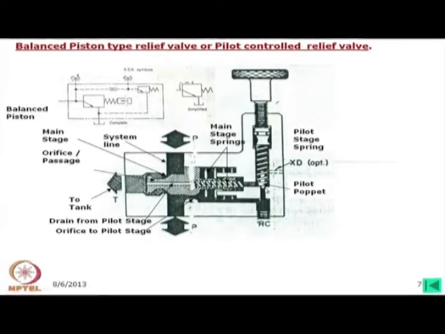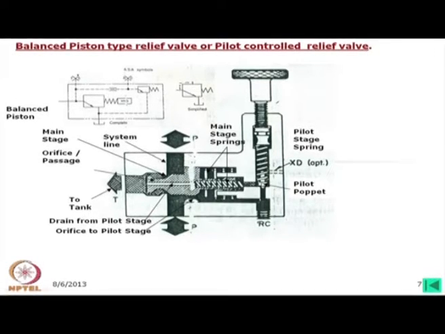Then oil is coming over here. Now, if we consider here a very small area, with a small thrust, I mean the force is not very high. So this is a finer spring with a small force, and when the pressure exceeds the set pressure, then it opens, and oil comes over here.